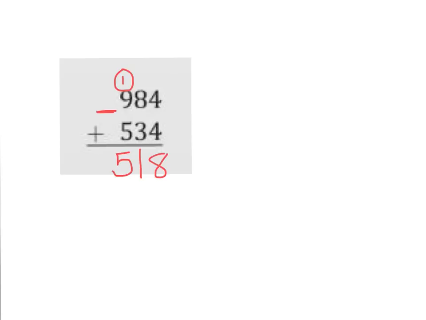So I'm going to just place it down to show 15. I put down my 5, and I also brought down my 1 because there's no place to carry it to. So my answer is 1,518. 1, 2, 3, comma. Count over 3 places each time to place your comma.